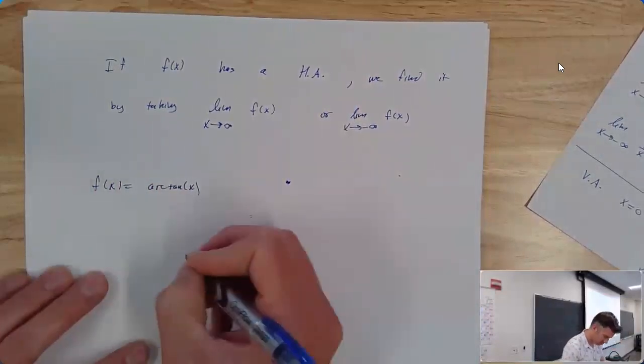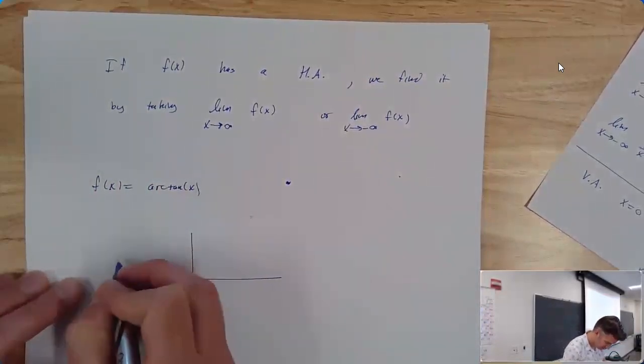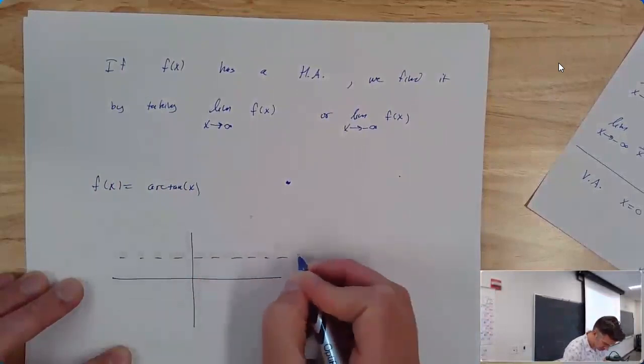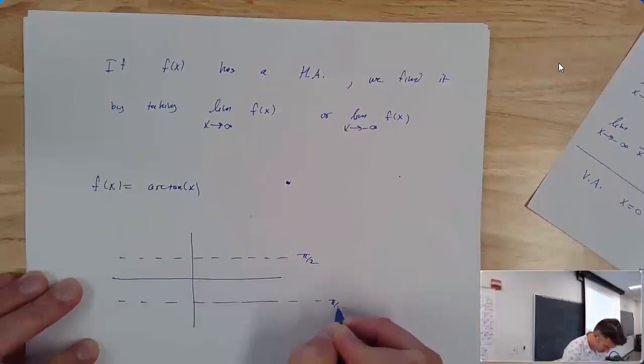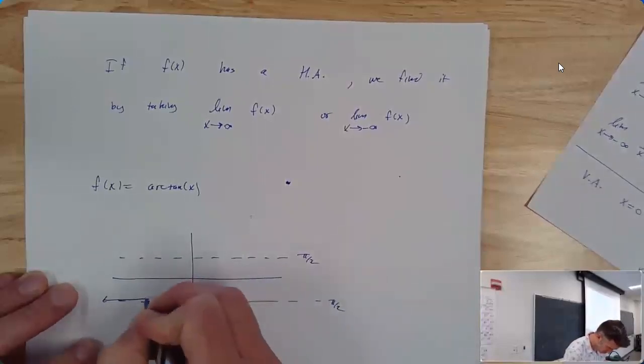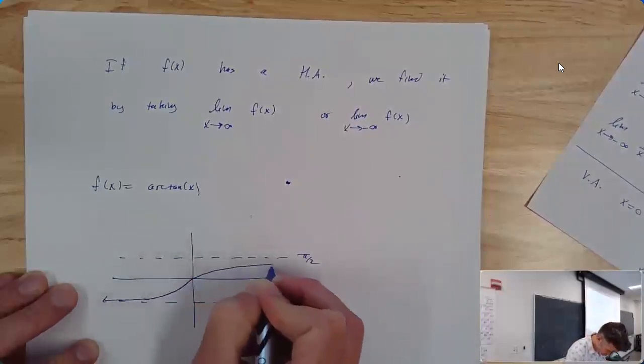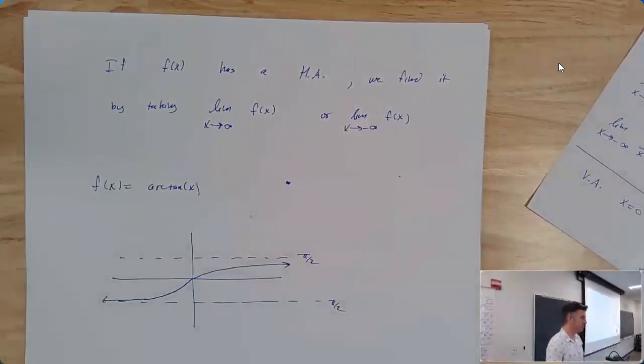That function looks like this. Its horizontal asymptote is pi over 2 to the right, and negative pi over 2 to the left. Kind of interesting. There are other examples too, but that's the easiest example to come up with.